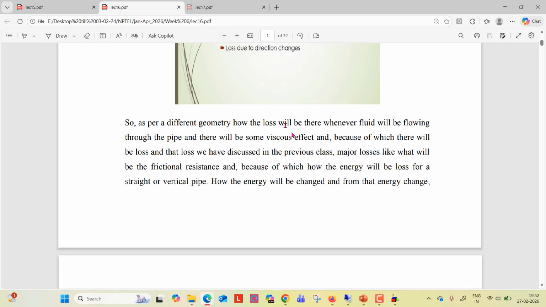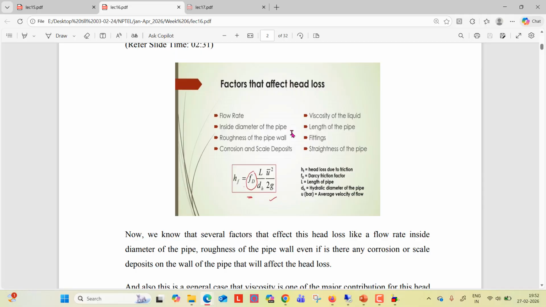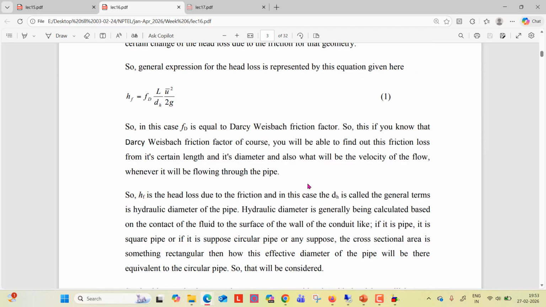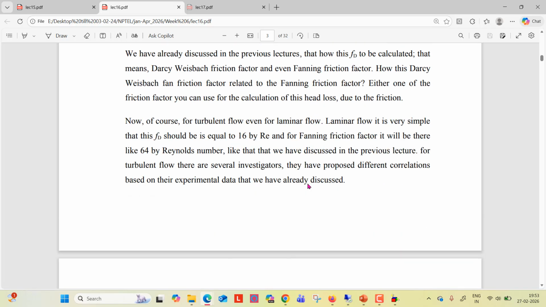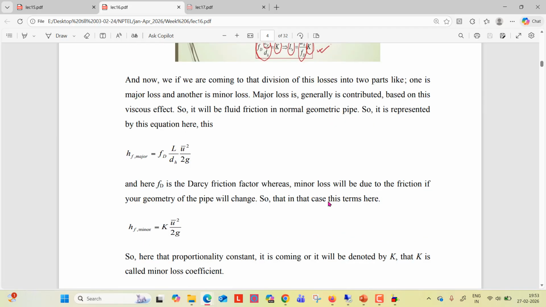So if you can see, this is the factor that affects the head loss, right? Major head loss or minor head loss. So for minor head loss, f L by D is represented as K.